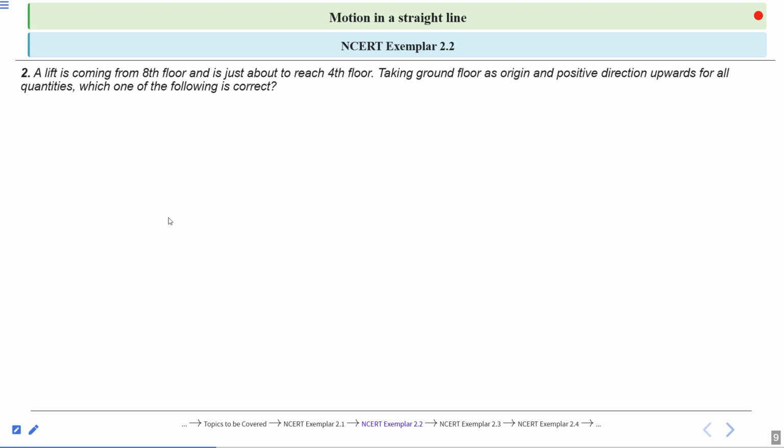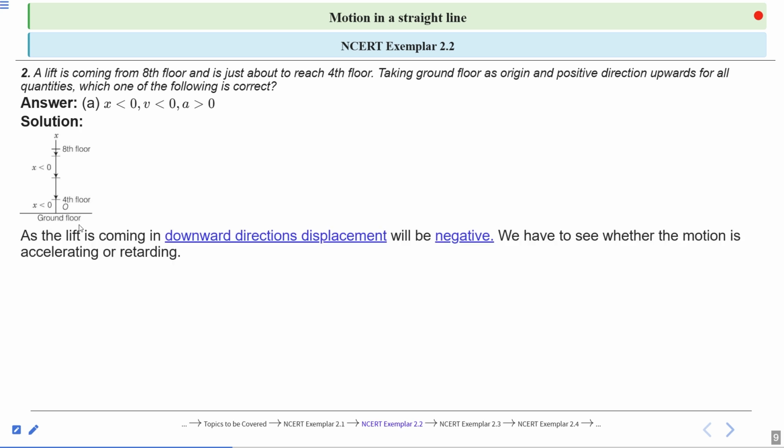So the correct option is A. Solution. Look at the figure. As the lift is coming in the downward direction, displacement will be negative.